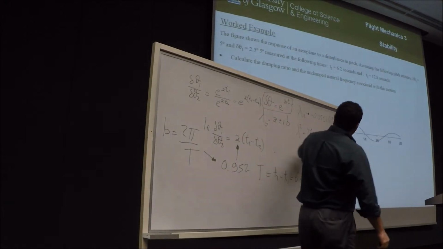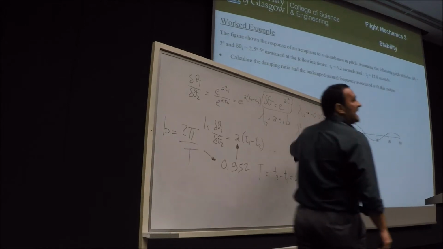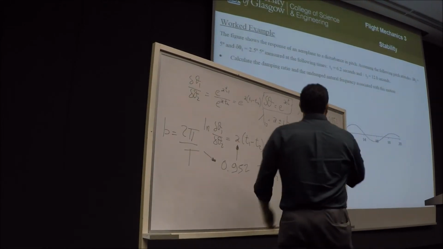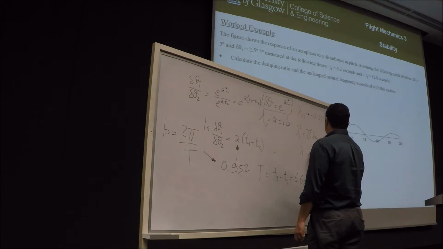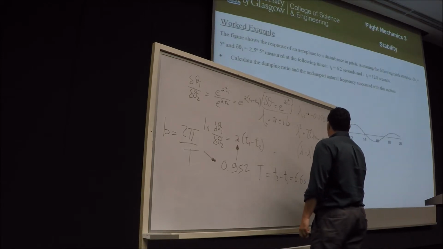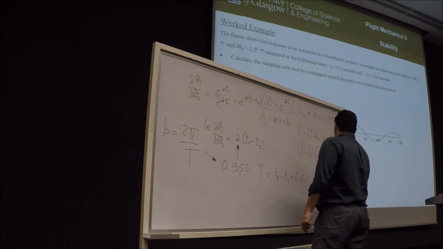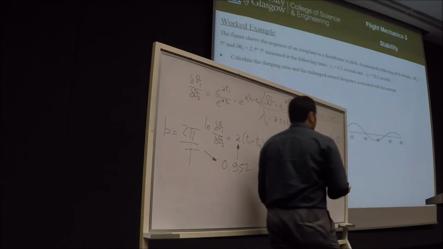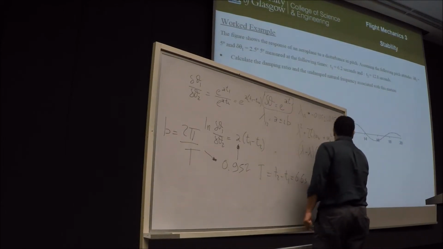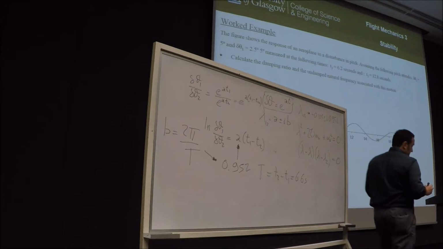Okay, so we have this equation here, and the solution can also be given by lambda minus lambda 1, lambda minus lambda 2 equal to 0.